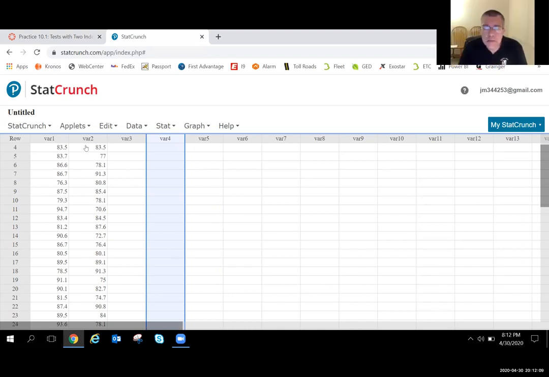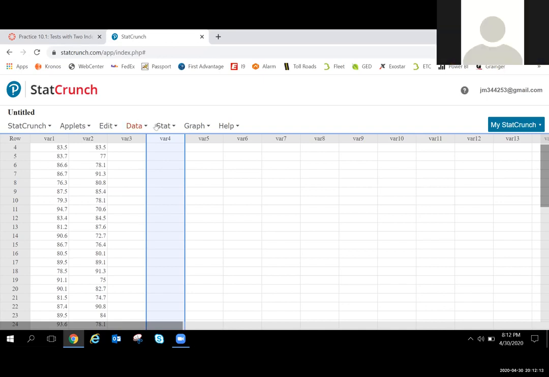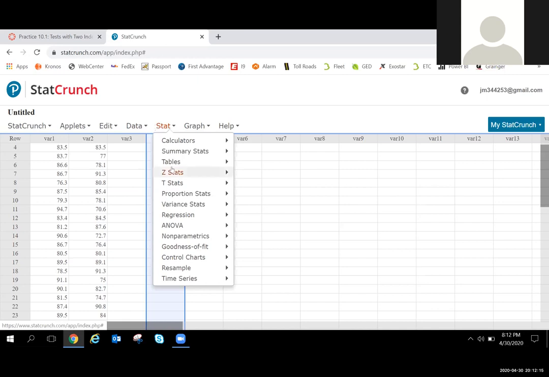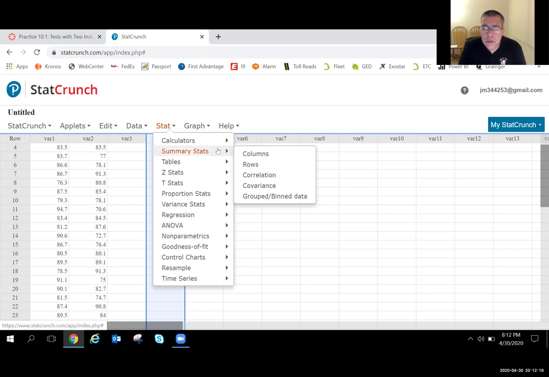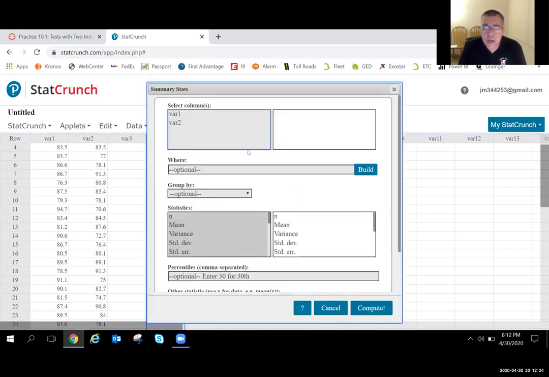Go to stat. Okay. Do I have to highlight anything or just? Go to summary stats and go to columns. Okay, and then select the column that you want, and then select the statistics that you want to be reported.